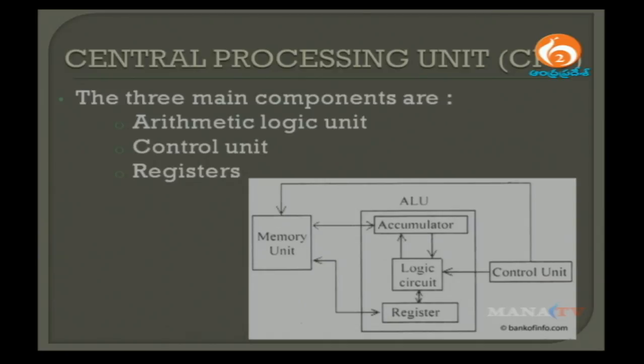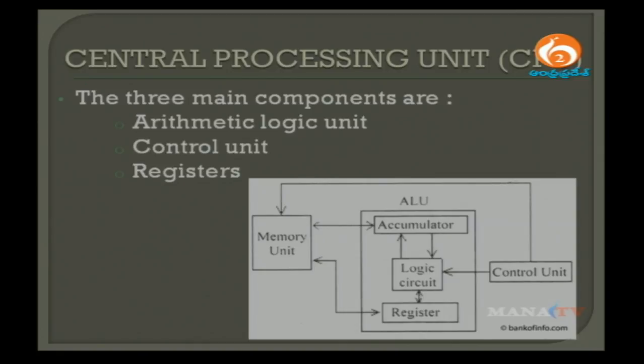And the registers and accumulator, indirectly or directly, exchange the data with the memory unit. So this is the basic diagram of the CPU. I think I am very clear on what I have said, right?